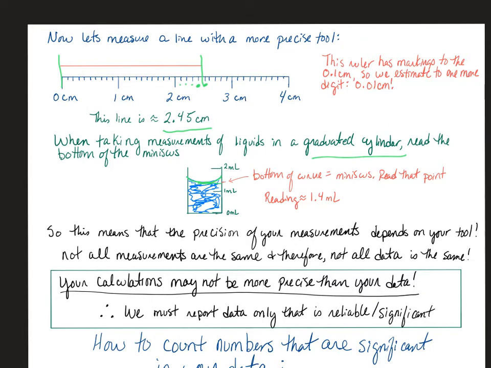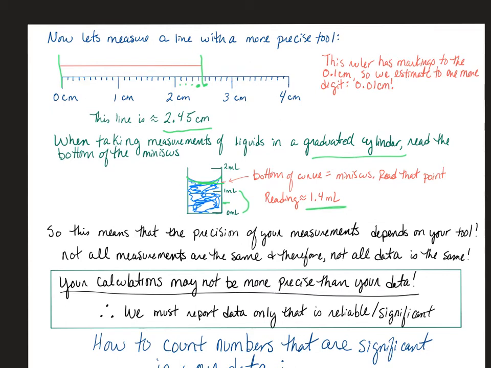The bottom of the curve right there, okay? So let's say that this reading would be about 1.4. Now, something to note about graduated cylinders is that between here and here is 1 milliliter. So say if you had a measurement right here, it'd be like 0.5, right?